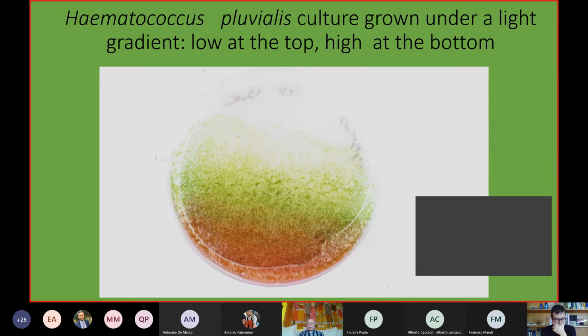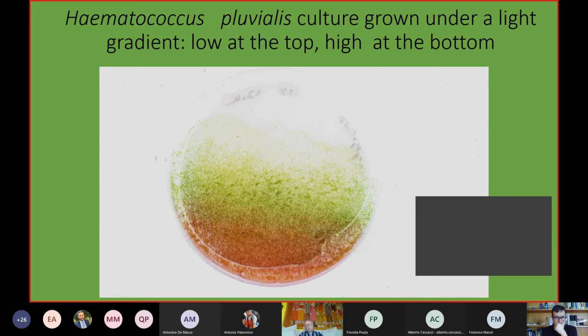And here you have a Petri dish seeded with Haematococcus, and Haematococcus translates really into the red sphere. And that alga is a green alga, a chlorophyte of fresh waters. And you can see it was grown against a light gradient.